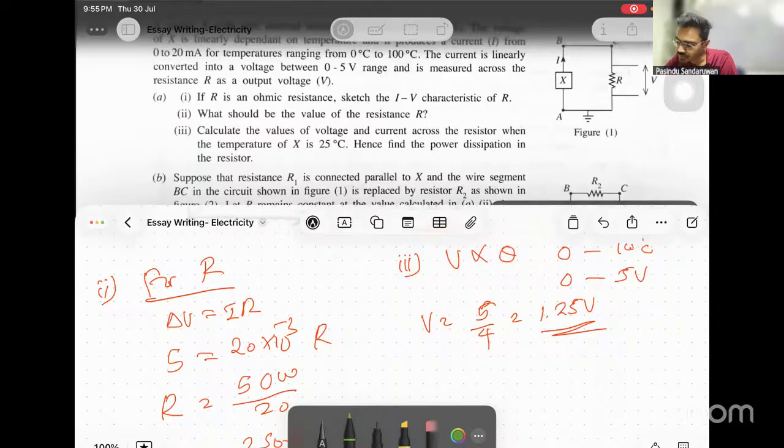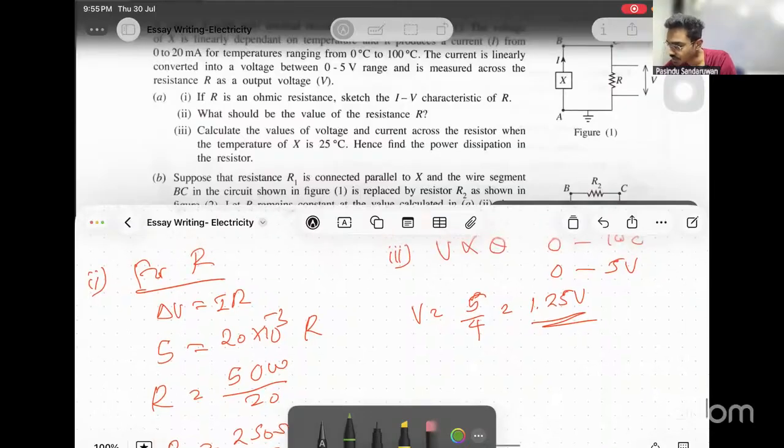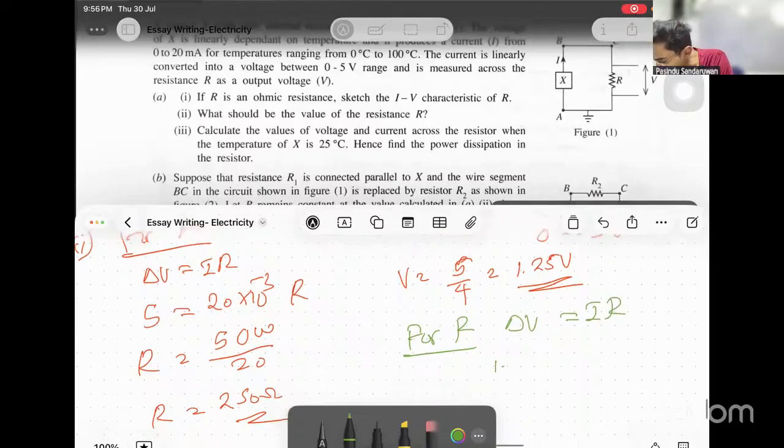Then voltage and the current. Now voltage is 1.25 across R. To find the new current, again for R, delta V equals IR. Now delta V is 1.25, and I need the new current, say I dash, and R is unchanged, 250.